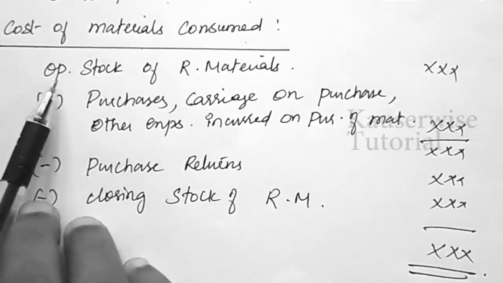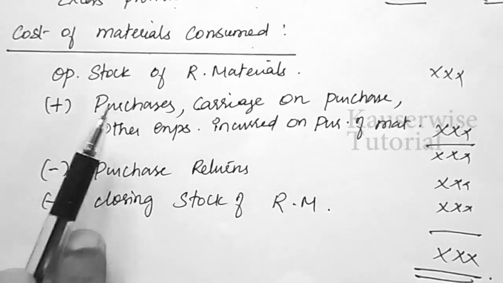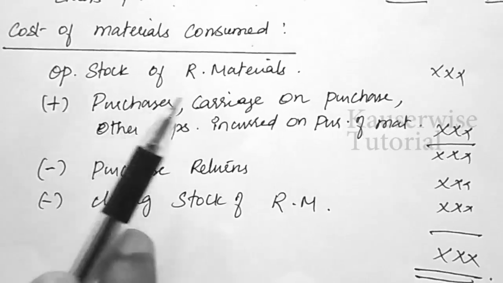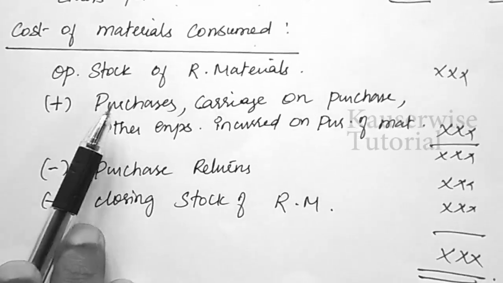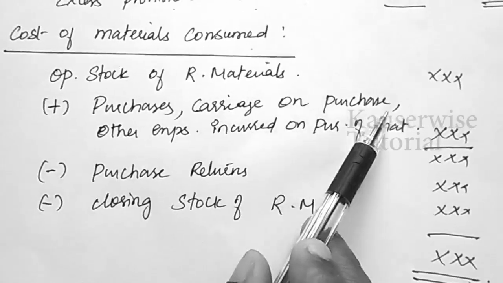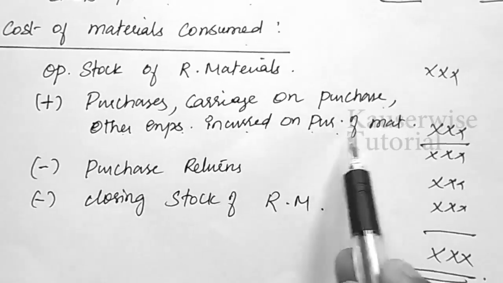The first one is you have to start with opening stock of raw material, and you need to add any purchase made during the year. If there are any expenses related to purchase, that will be added along with the purchase, that is carriage on purchase, carriage inwards, other expenses incurred on purchase of material.